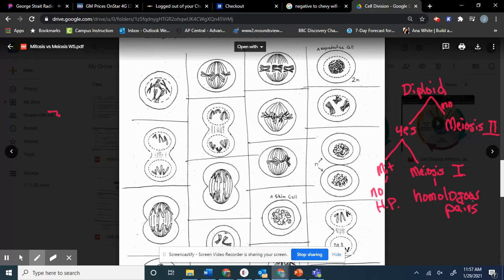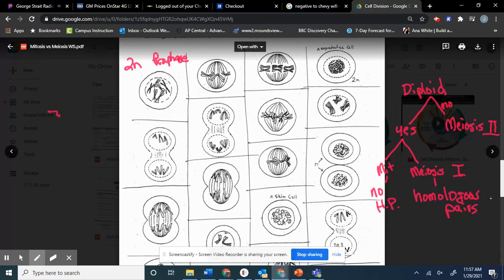So if I go back to this original cell, we've already said that this one is diploid, and that it is in prophase, but I still need to determine what process it's in. Well, diploid, yes. Now I jump down over here and look for homologous pairs.